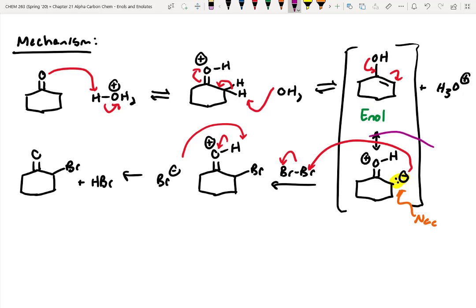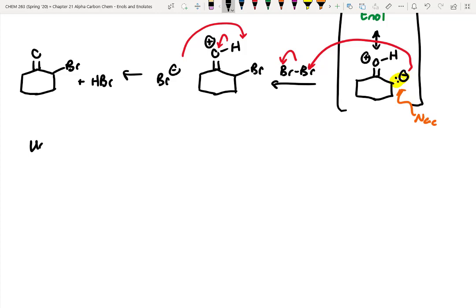So the key feature is that over here, we've got this resonance structure showing that the carbon in the alpha position has a partial negative charge, which means it can act as a nucleophile and react with some electrophiles like bromine.